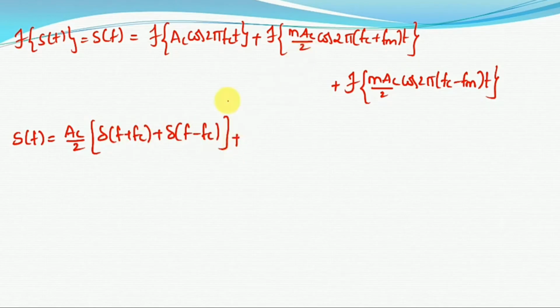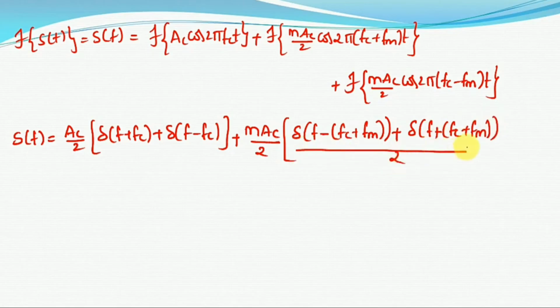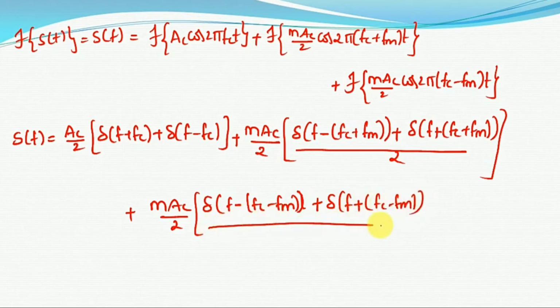The next term will be m into Ac by 2 into del of f minus of Fc plus Fm plus del of f plus Fc plus Fm, divided by 2. And the third term is m into Ac by 2 into del of f minus Fc minus Fm plus del of f plus Fc minus Fm, divided by 2.